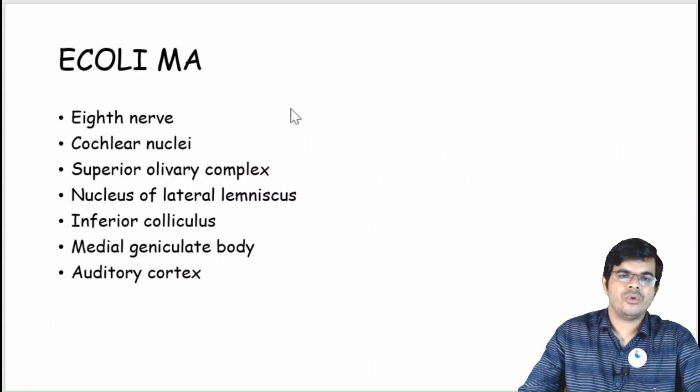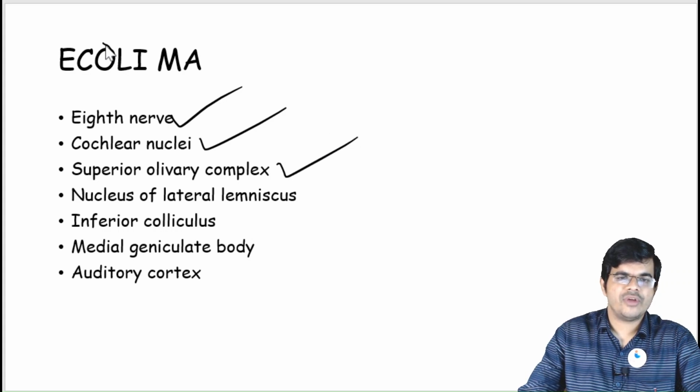So this is how you can memorize it. Okay, first you have the 8th nerve, and then you have the cochlear nucleus, then you have the superior olivary complex. Superior olivary complex is O. E. coli. And then you have the nucleus of the lateral lemniscus.